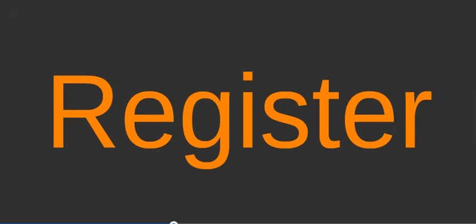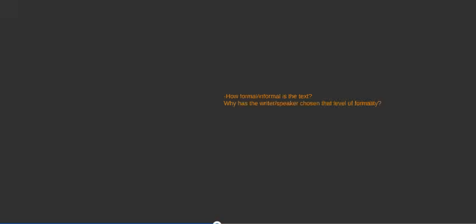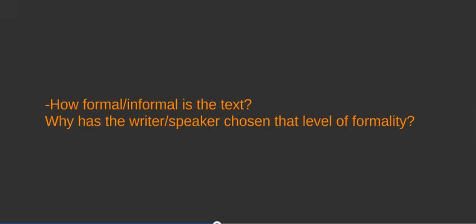These are frozen, that never change, formal, standard English, consultative, which is less formal than standard English, casual, which is what we use between friends, and intimate, which is lovers and close family members. When you're thinking about the register of a text, you want to ask yourself, how formal or informal is the text? Why has the writer or speaker chosen that level of formality?